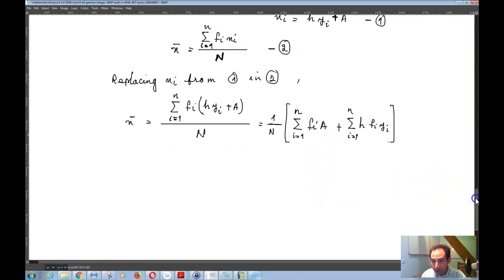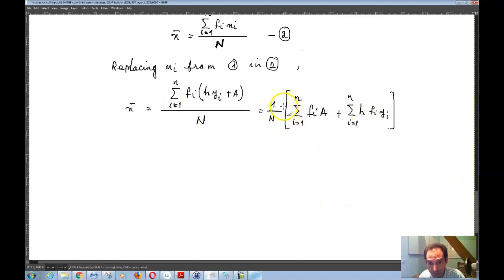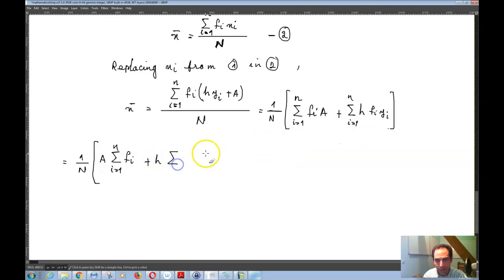And I can write this as 1 over n times a times sigma f of i, so this is a times sigma f of i as i goes from 1 to n, plus h times sigma f of i y of i as i goes from 1 to n.